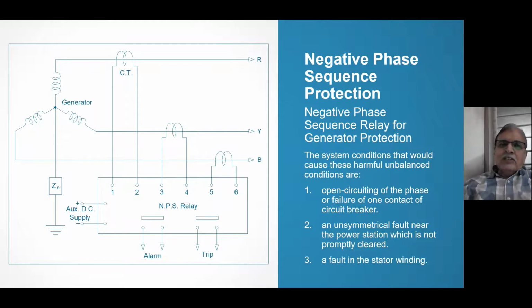And therefore, the sum total IR plus IY plus IB vectorially is always 0. And the third very important condition is the phase sequence should be R, Y, B, meaning that if you plot the vectors IR, IY, IB, and rotate the vectors anti-clockwise, then IY will take the place of IR and IB will take the place of IY.